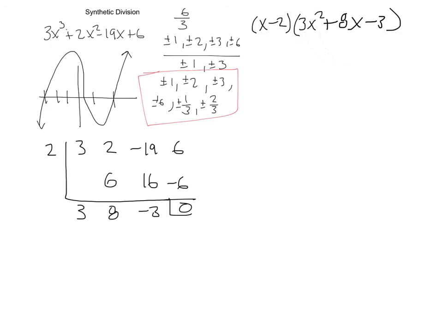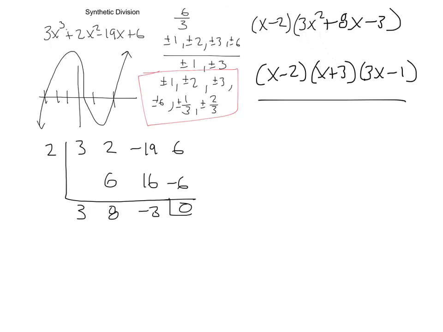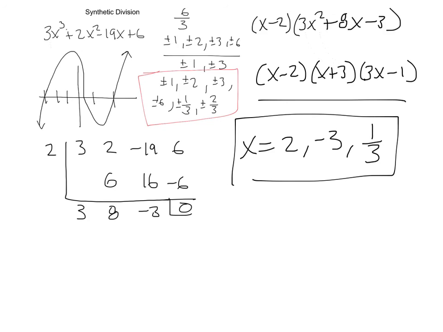So I'll give you a couple seconds to try and do that. Okay, so hopefully you got x minus 2, x plus 3, and then 3x minus 1. Those would be your factors of it. If asked for your zeros, you would say 2, negative 3, and 1/3. So this would be if I asked you to solve it.